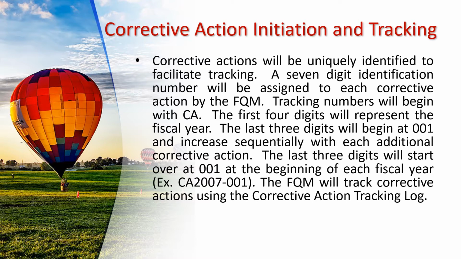Tracking numbers will begin with CA. The first 4 digits will represent the fiscal year. The last 3 digits will begin at 001 and increase sequentially with each additional corrective action. The last 3 digits will start over at 001 at the beginning of each fiscal year. Example, CA 2007-001. The FQM will track corrective actions using the corrective action tracking log.